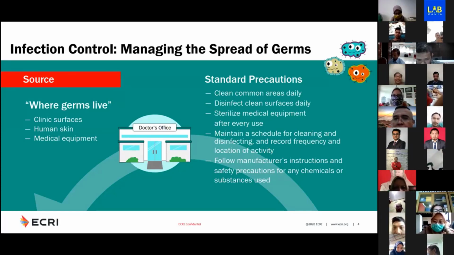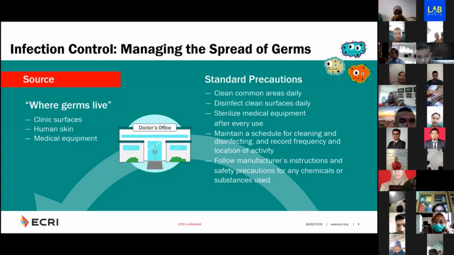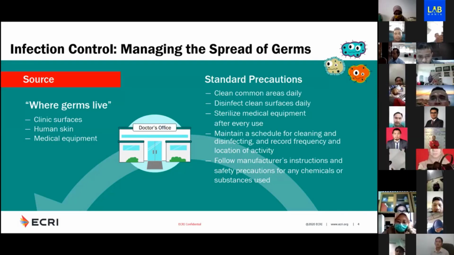So all the people that are working in the hospital, as human beings, we also carry a lot of germs on ourselves. So this is another source of where the germs can inhabit or live, and of course transmit one place to another. Of course, thirdly, yang penting yang kita akan cakap tentang hari ini is on medical equipment.